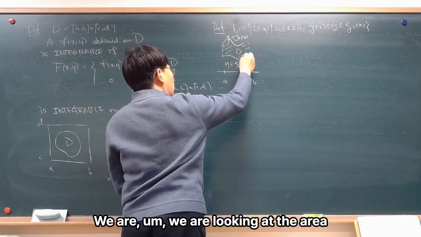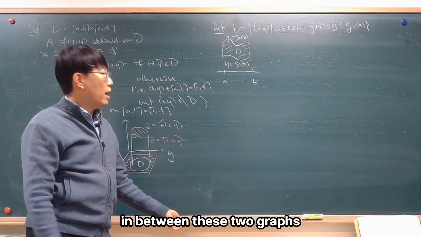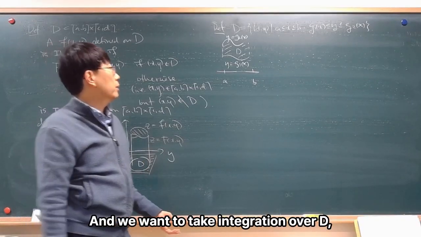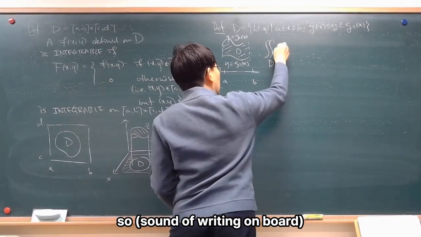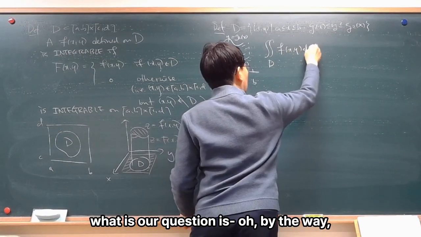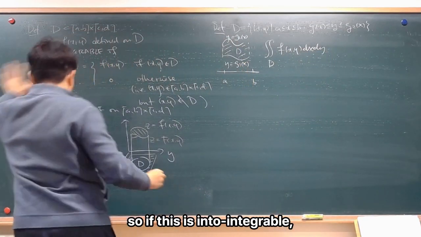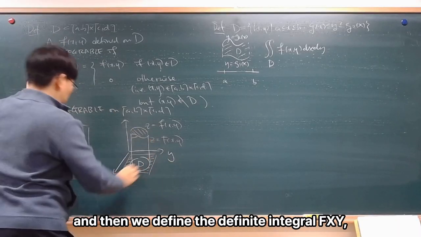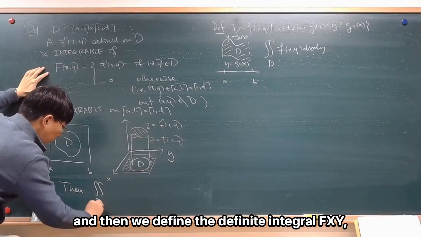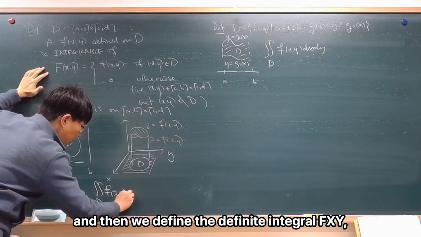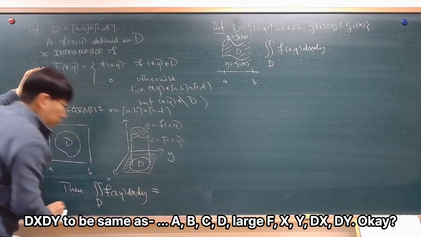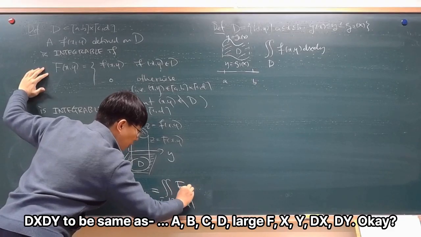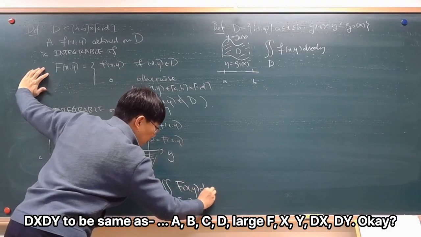We are looking at the area in between these two graphs, which don't intersect each other, right? And we want to take integration over D. By the way, if this is integrable, then we define the definite double integral of f(x,y) dx dy over D to be the same as the integral over a to b, c to d of large F(x,y) dx dy.